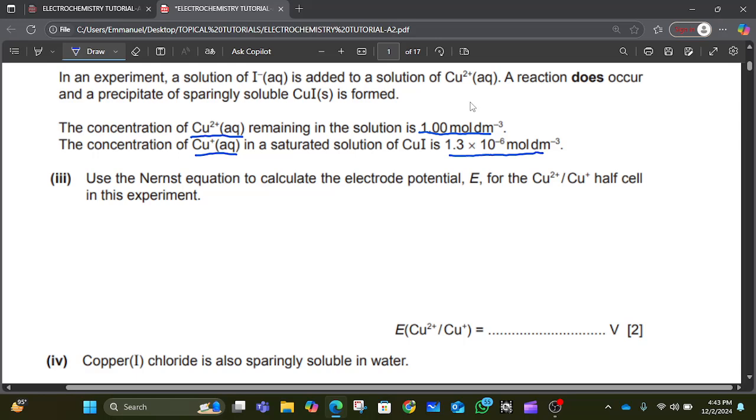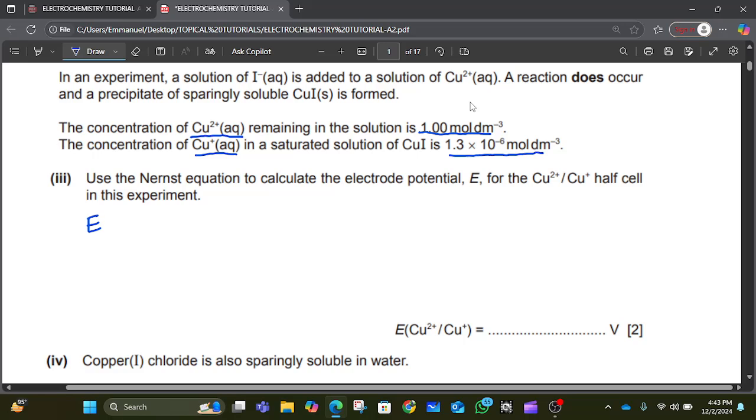I. Use the Nernst equation to calculate the electrode potential E for the Cu2+/Cu+ half cell in this experiment. The equation is used to calculate the electrode potential of a non-standard half cell.